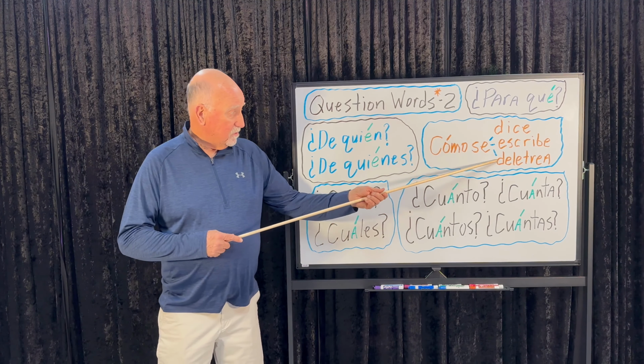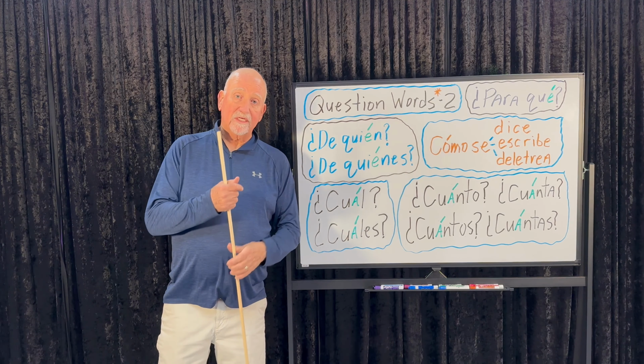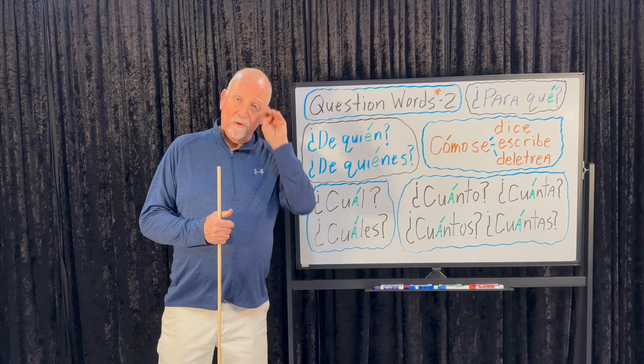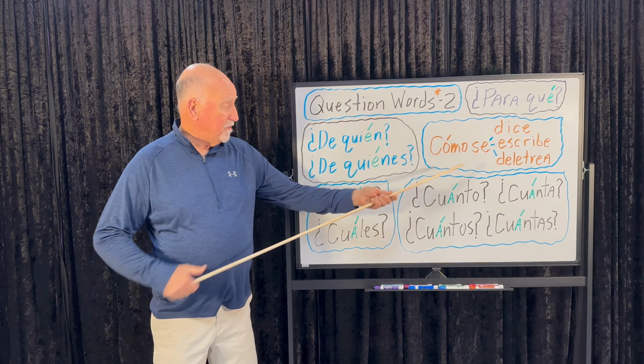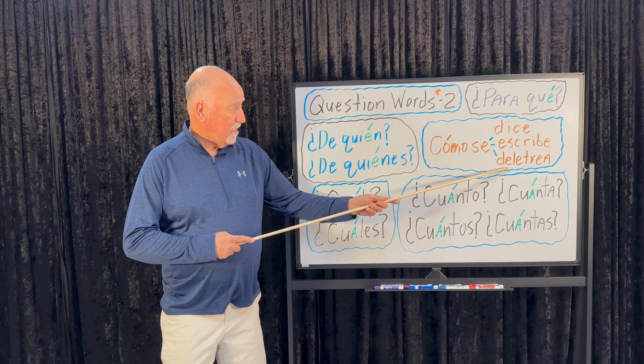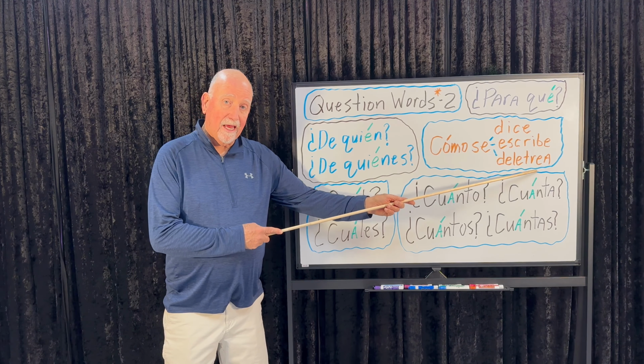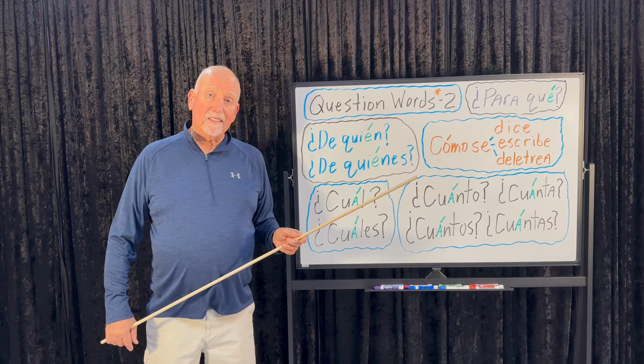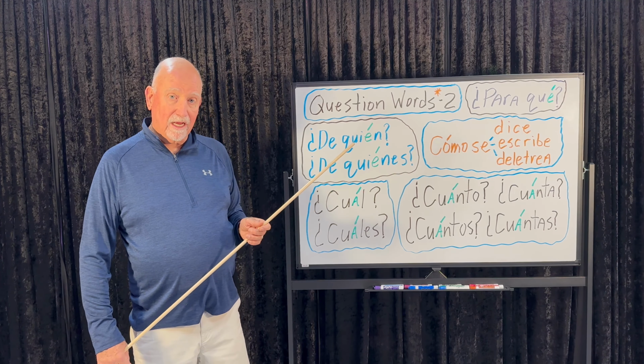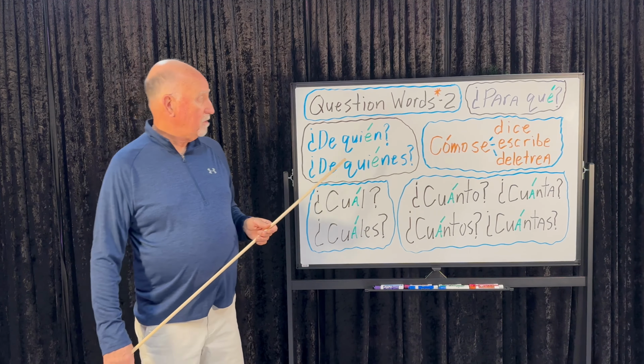I really like this word deletrea. Our first lesson was the alphabet and the sound system, and we know how to spell, don't we? We have here D, E, L, E, T, R, E, A. Deletrea. Como se deletrea? All right, let's go over our question words again.